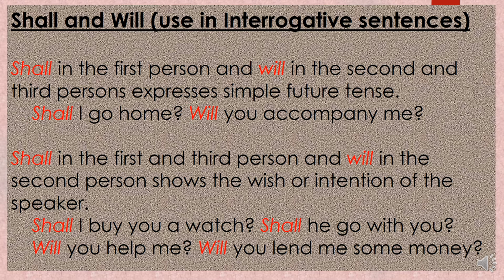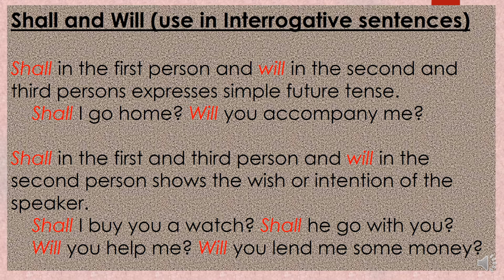So see very carefully how to use shall and will in interrogative sentences. Shall in the first person and will in the second and third persons expresses simple future tense. This you all know. So again, you just have to make questions out of the first situation. See, I shall go home, a simple future.